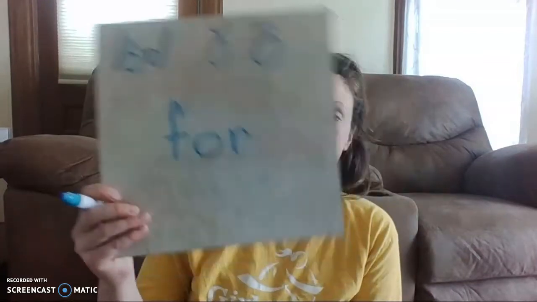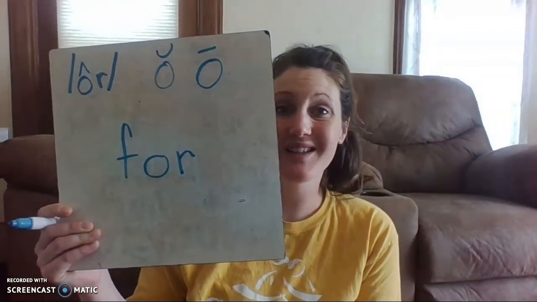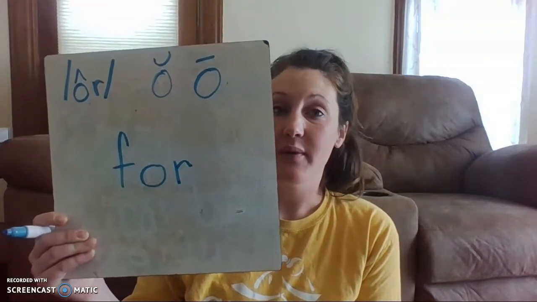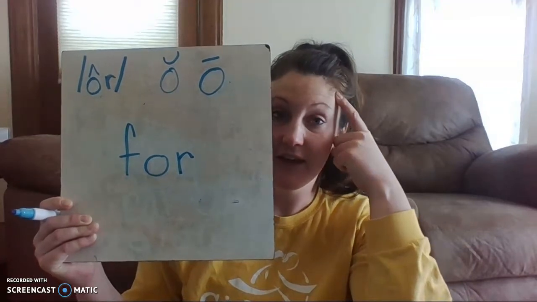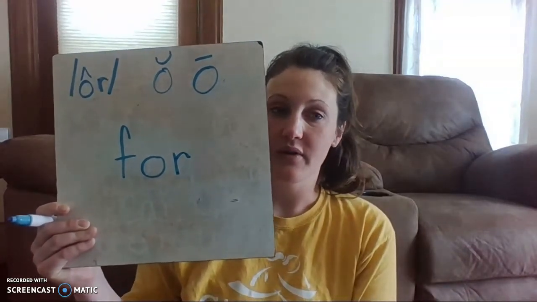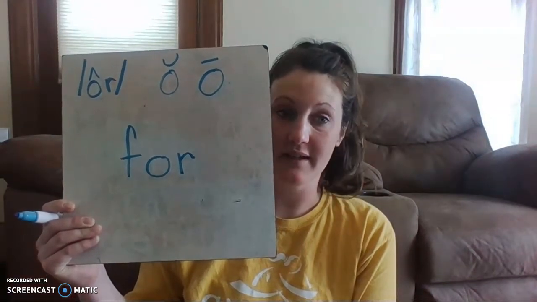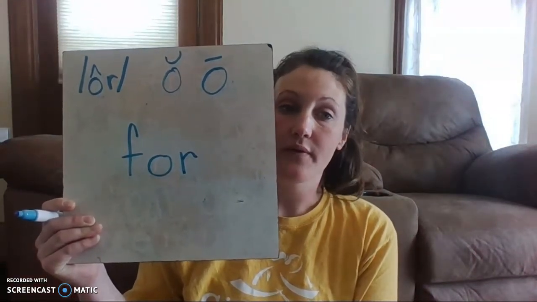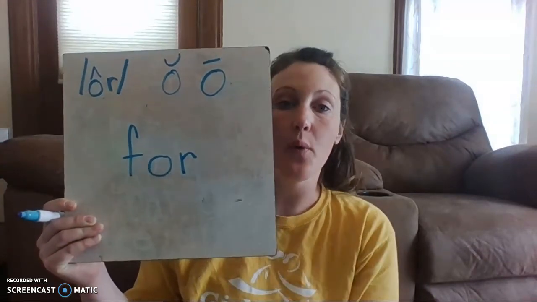But if I change it to the letter R, it's still a closed syllable because it's followed by a consonant, but our consonant is the letter R. And whenever we see the letter R, we should go ding, ding, ding. It's going to be R controlled. So it's not going to say ah. It's not going to say O. It's going to say or. So this word is for.